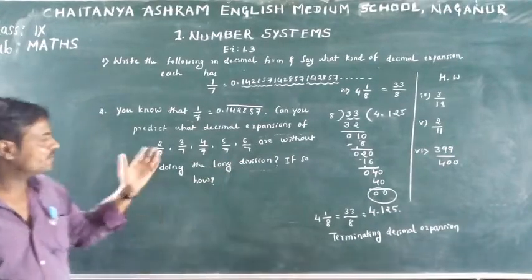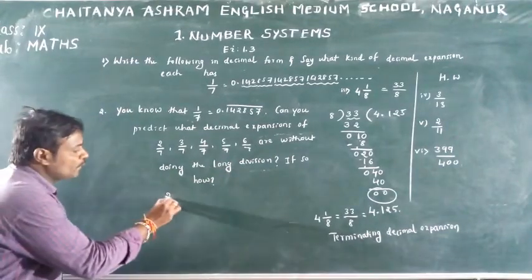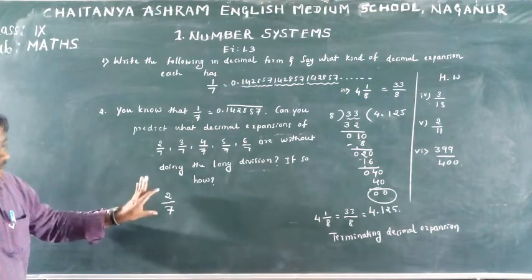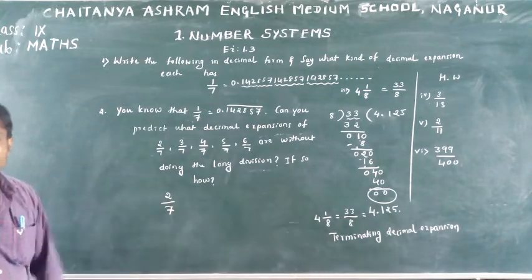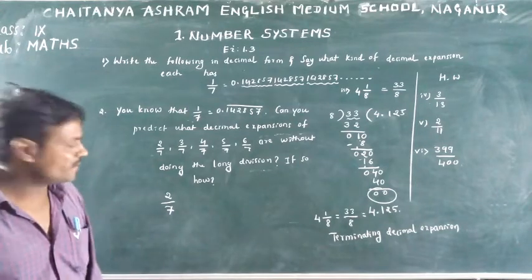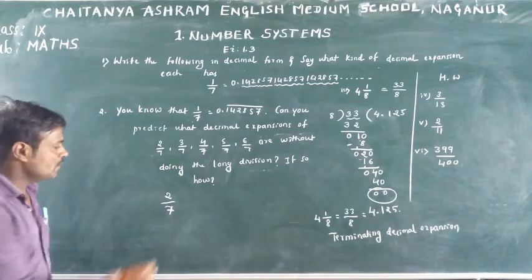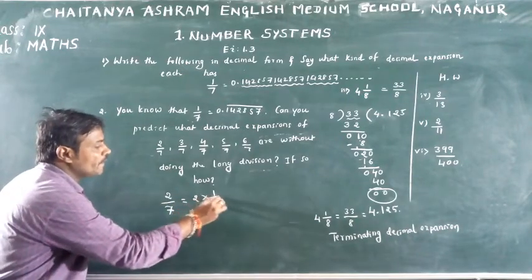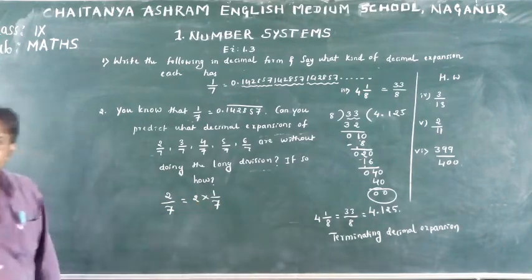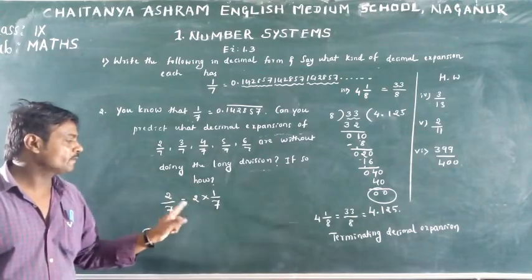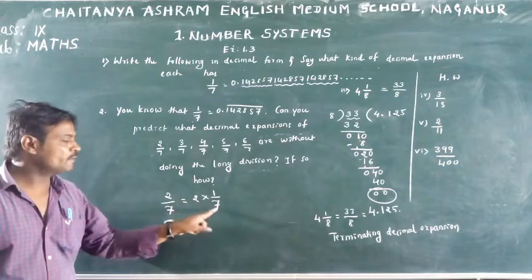How? See here, 2 by 7. This is the rational number. We have to find its decimal expansion without doing actual division. Okay, see how I will do this. We can write 2 into 1 by 7. Yes or no? What is its product? 2 1s are 2, and the denominator 1 into 7 is 7.